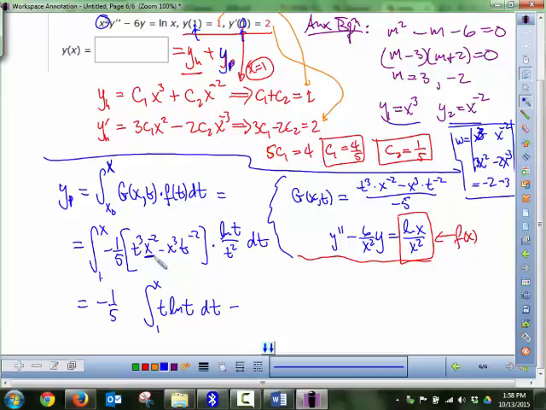See this x over here? It's going to be outside, because we're integrating with respect to t. So the second integral, I took the 1/5 out already. I'm going to take the x cubed out as a constant with respect to t, going from 1 to x. And then I have t, this is going to be t to the negative 4, right?